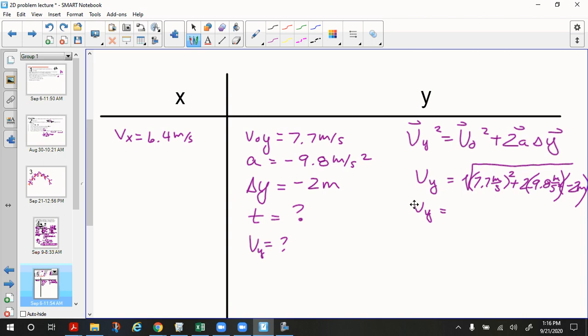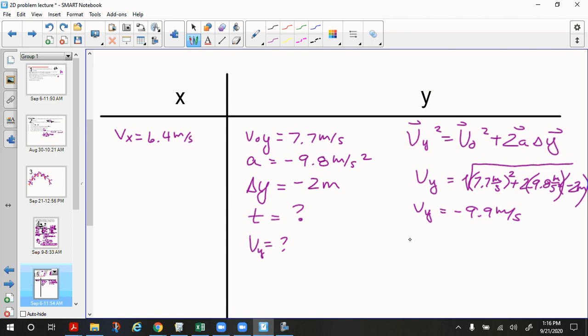So our v final in the y direction is negative. Once again, I have to make a decision if it's negative or positive, and it's going down, so I know that it's negative 9.9 meters per second. So that's my final velocity in the y direction.